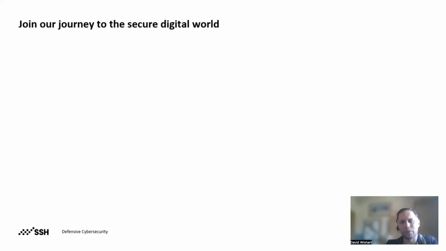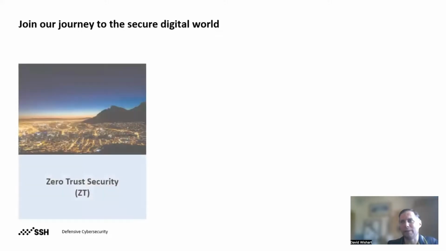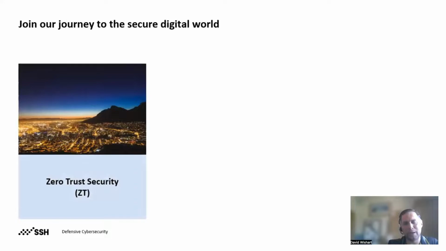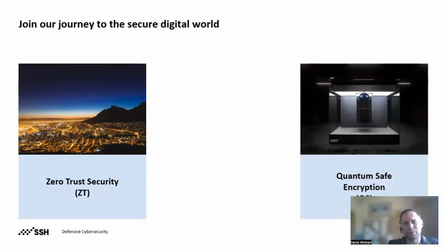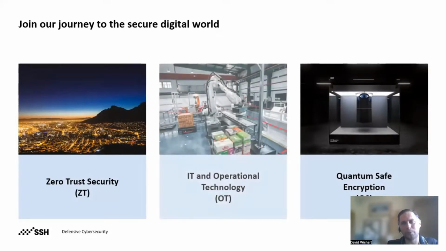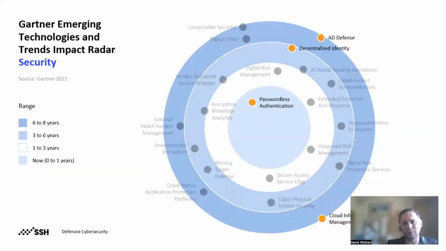Now, all of our solutions use cutting edge security technology to provide zero trust, and I'll go into some detail on what that means to us, and post-quantum safe solutions for both IT and operational technology. So our products are designed with high security, modern architecture, and low maintenance as principal guiding factors.